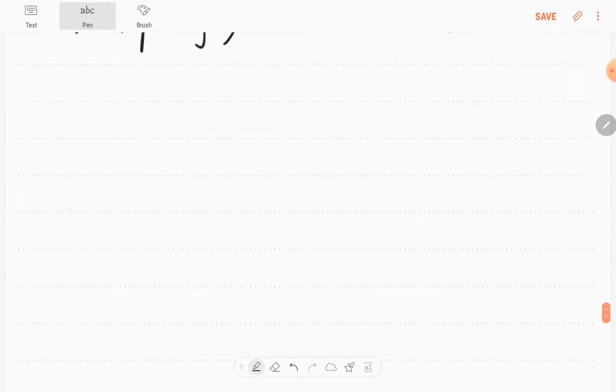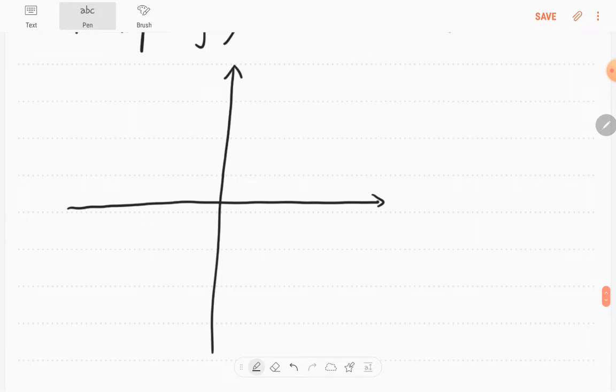In order to draw the graph of arctangent, we need to draw the graph of the tangent. We're only interested in the principal cycle, because on this cycle it is 1 to 1. So the graph will look like this.